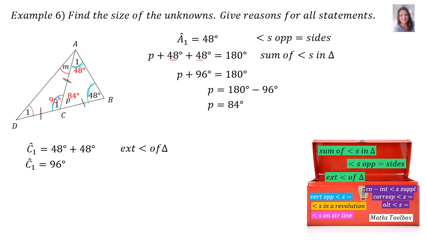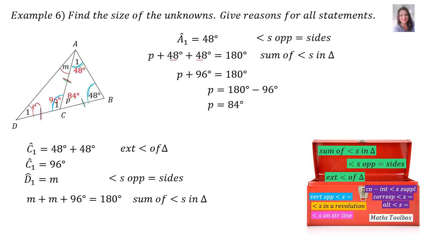Let's move over to M. We can say that D1 is also equal to M. And why can we say that? Because it's an isosceles triangle, and the correct reason is angles opposite equal sides. So now we can say that M at A plus M at D1 plus the 96 at C1 is equal to 180 degrees, sum of angles in a triangle.